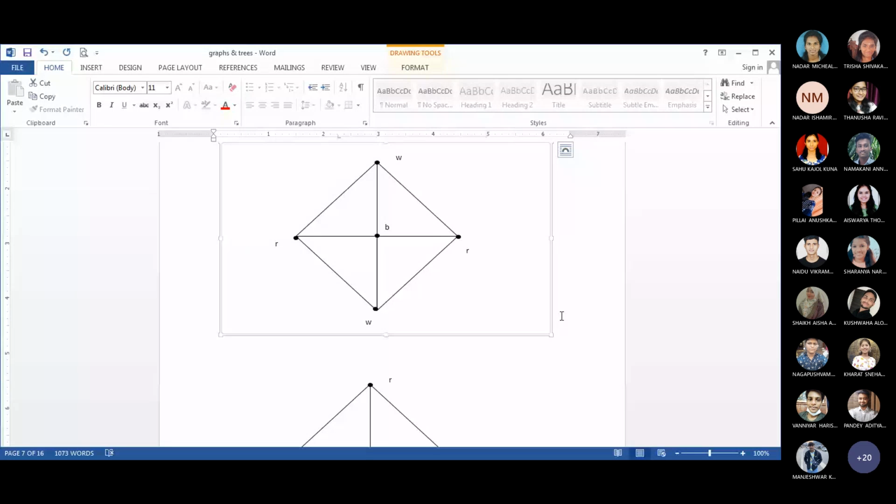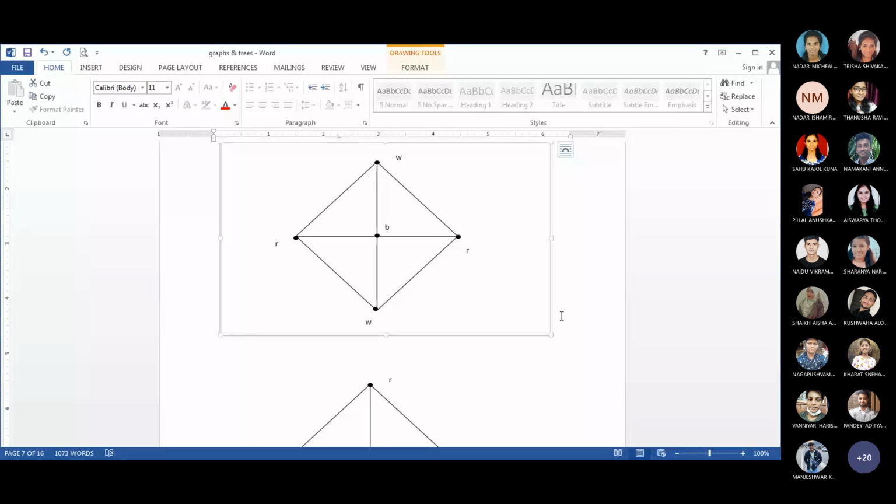You can check. If you have a doubt, the graph is there on the screen. You can check whether you get a proper coloring using 2 colors. No, sir, we can't get.